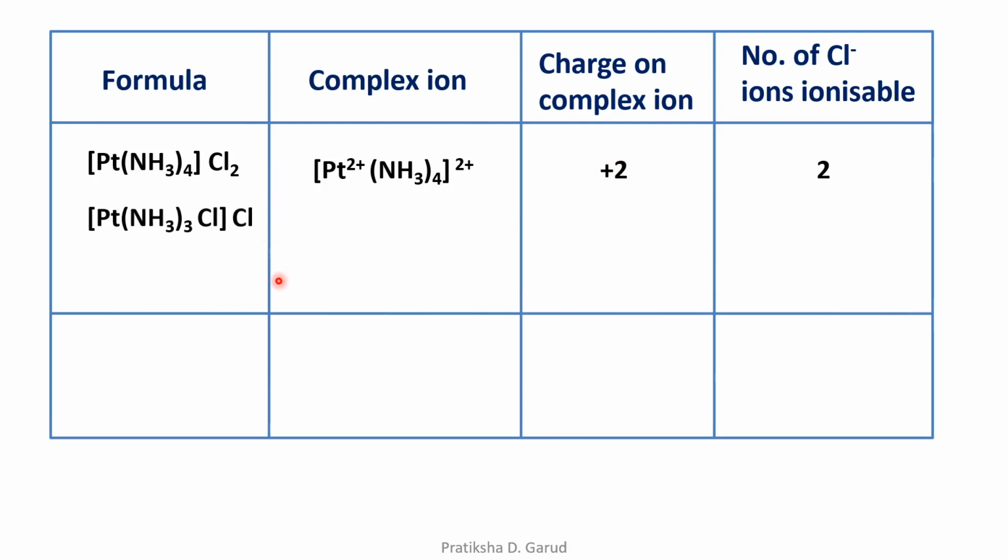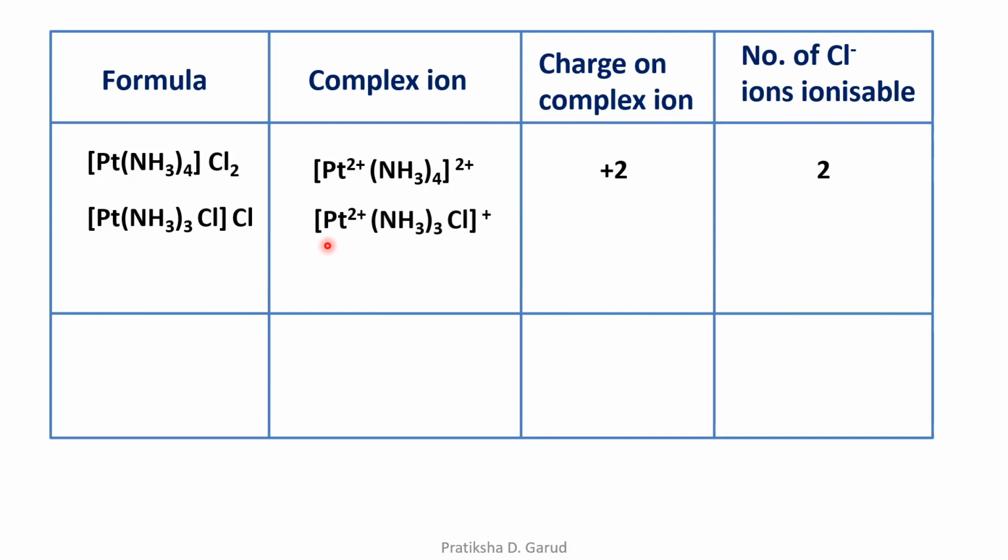Then we decrease the number of NH3. Next we have [Pt(NH3)3Cl]Cl. Here the secondary valency is 4, so to satisfy it, 1 Cl- from outside the square bracket is shifted inside.